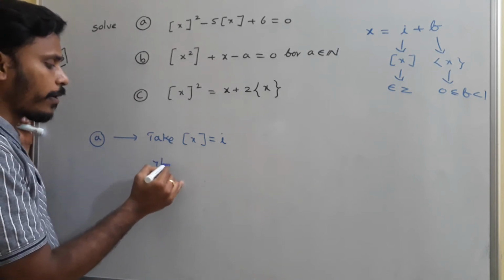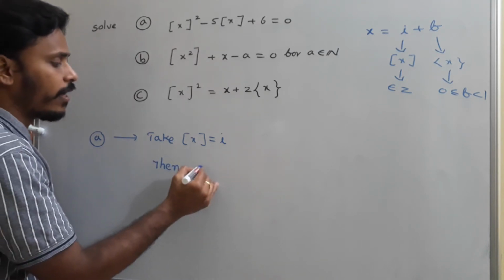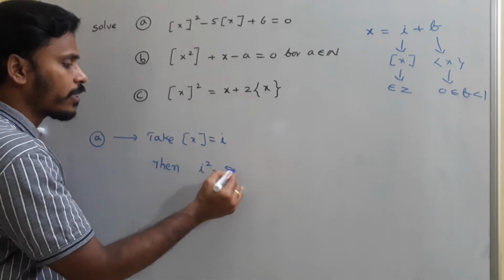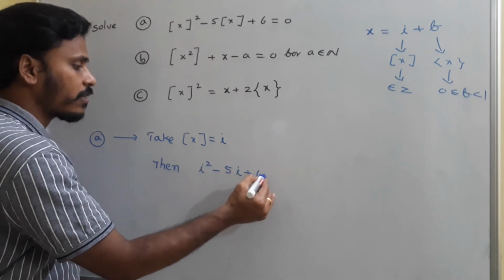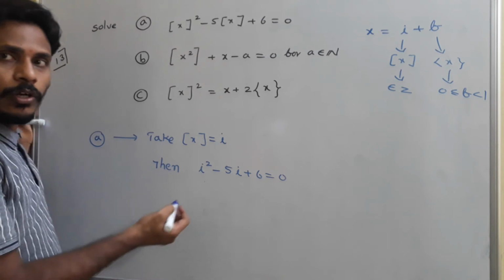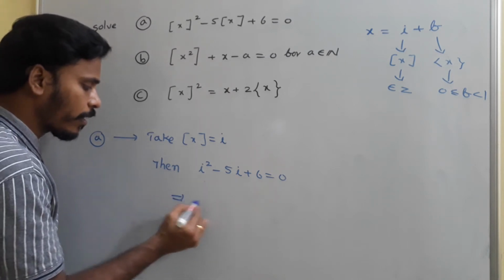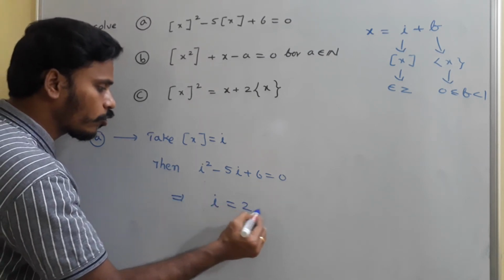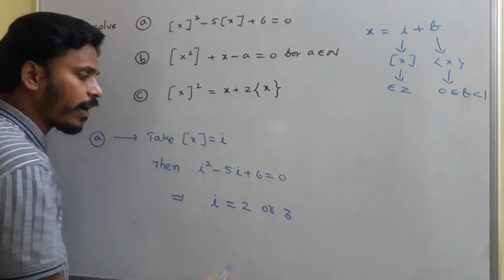By taking that step x is equal to I, we have I square minus 5I plus 6 is equal to 0. So it is easy for us to factorize it, and you will get that I is equal to 2 or 3 by the factorization.